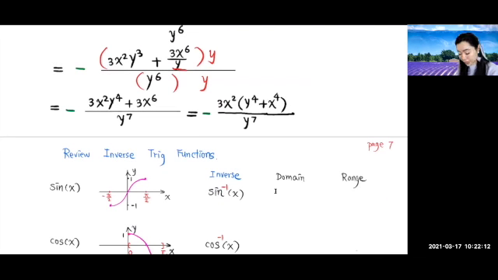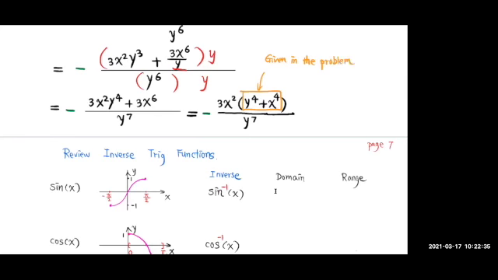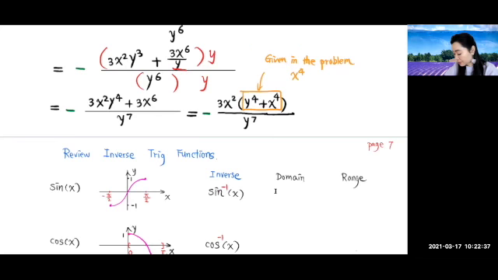Now, do you recognize this part right here? x to the 4 plus y to the 4. That is given. It was given in the problem, right? Yes, x to the 4 plus y to the 4 is equal to 16.